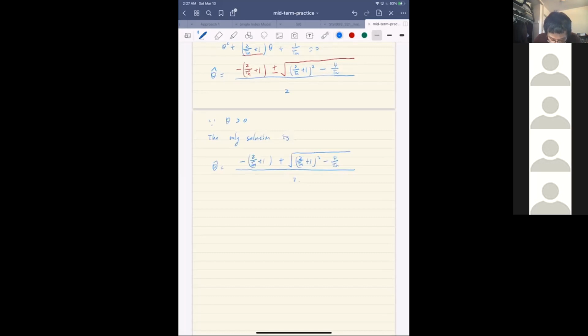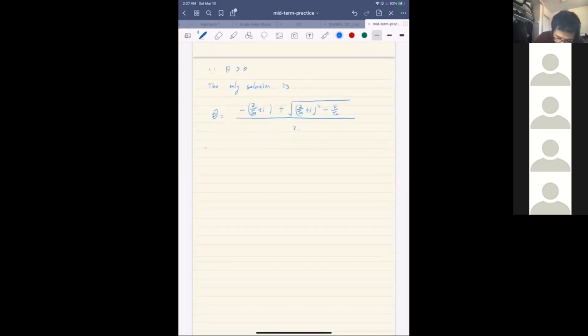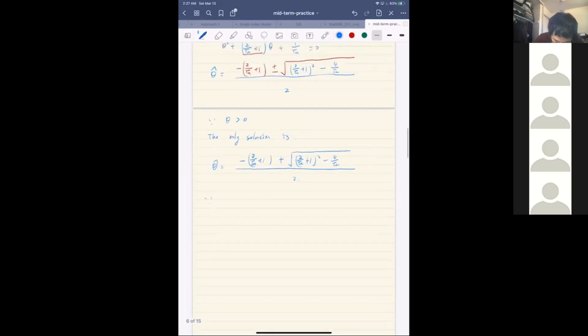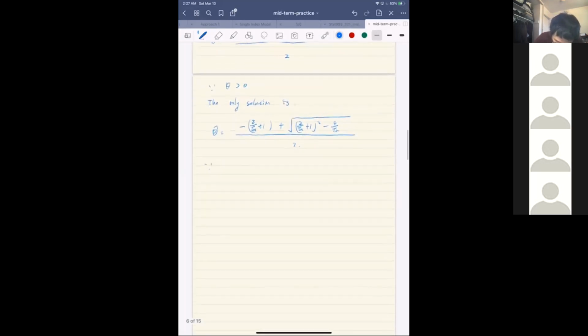And also we know that the second gradient of the localized function is negative. So that is also implying the theta hat is the unique solution as n goes to infinity.